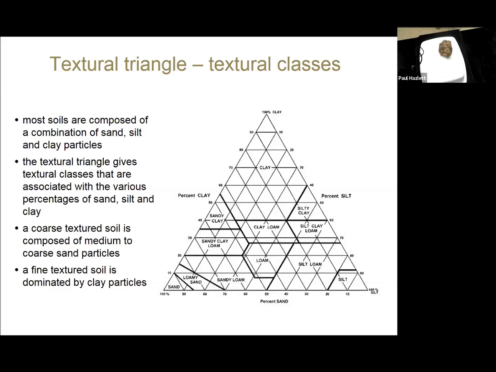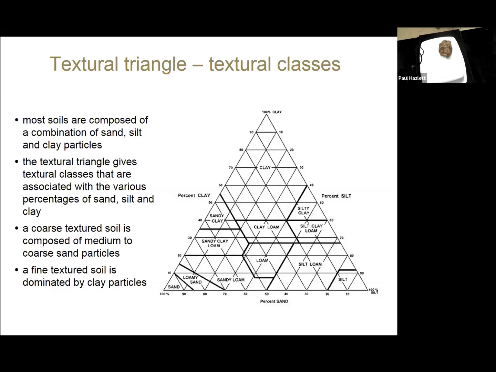So that would be down in the lower left-hand part of the textural triangle where we have sands and loamy sands and sandy loams. Those would be considered coarse textured soils. And of course, the coarse comes in because the sand-sized particles are the larger particles of the sand, silt, and clay.